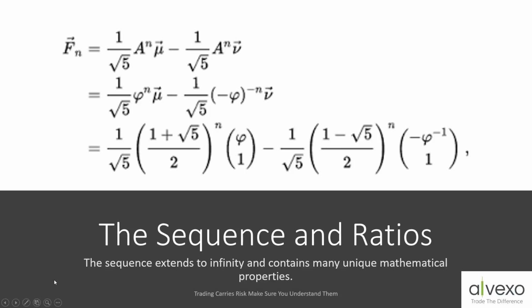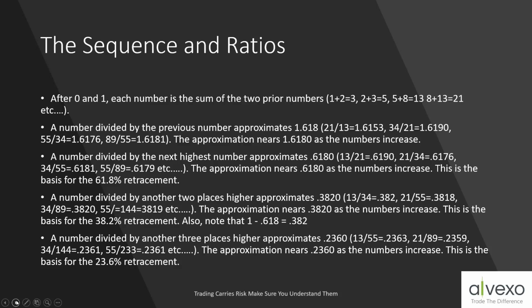Now, they can be derived in a complex mathematical sequence, but it really comes down to a pretty easy way to remember. So remember, we had our numbers, which are 0, 1, 1, 2, 3, 5, 8, 13. We saw that all in the initial Fibonacci sequence we were just looking at.